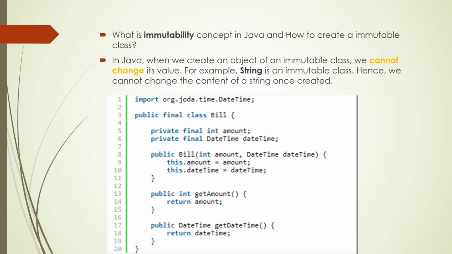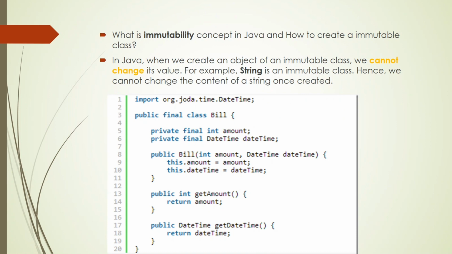The next important question is immutability. What is the immutability concept in Java, and how can we create an immutable class? A String is also an immutable class. Once we create an object, we cannot modify its value, we cannot change its value.